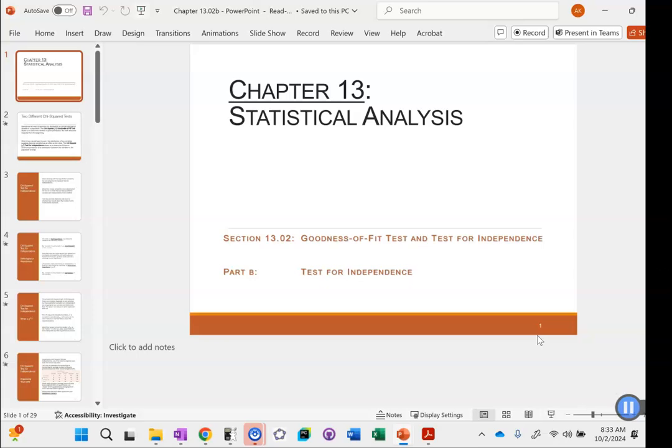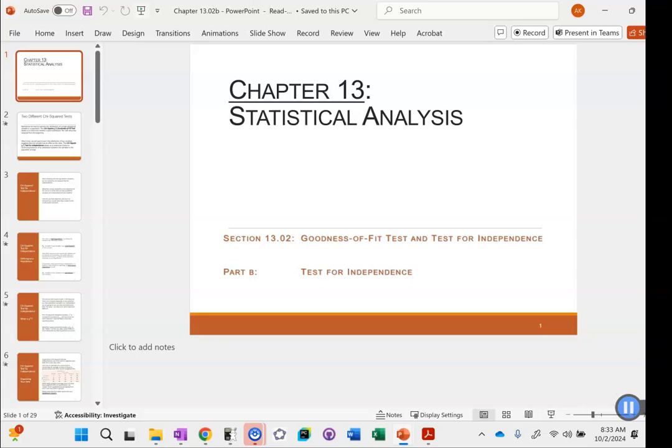This is the test for independence. So here we're going to be comparing two separate variables to see if they're related. Wait, is goodness of fit test the chi-squared test? That's also a different version of the chi-squared test. So goodness of fit is for one variable. Two versions of chi-squared, and we had a t-test last time.